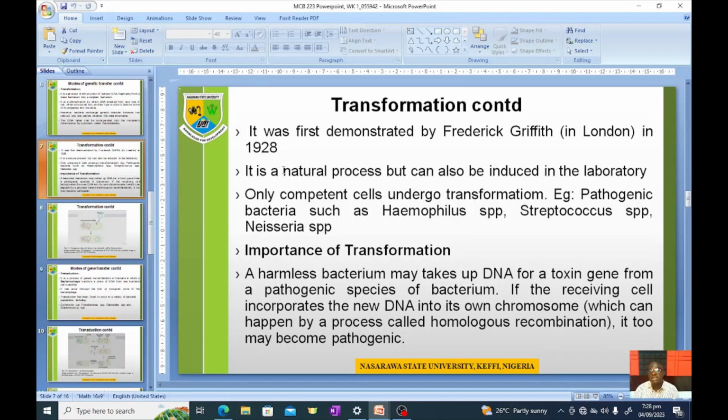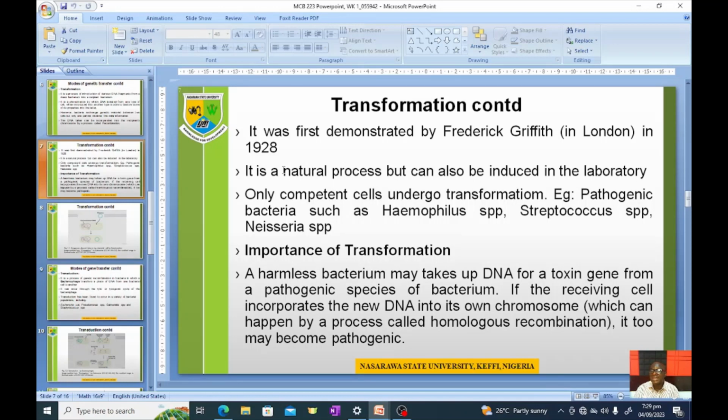It was first demonstrated by Frederick Griffith in London in the year 1928. I'm talking of transformation. It is a natural process, but can also be induced in the laboratory.